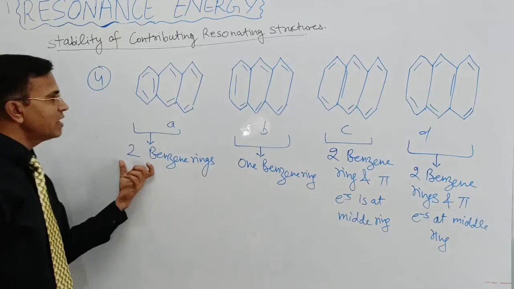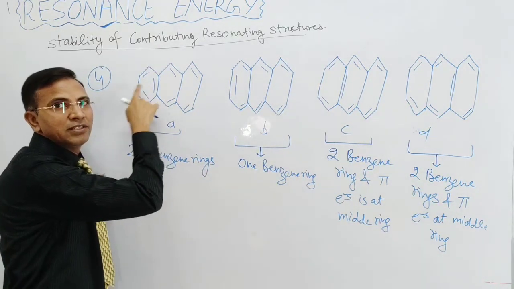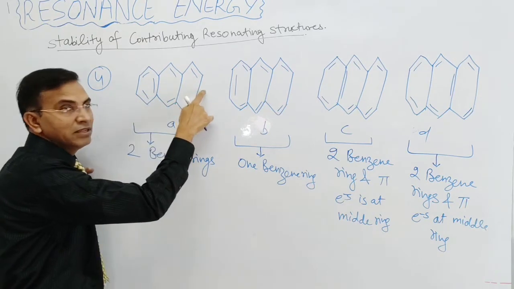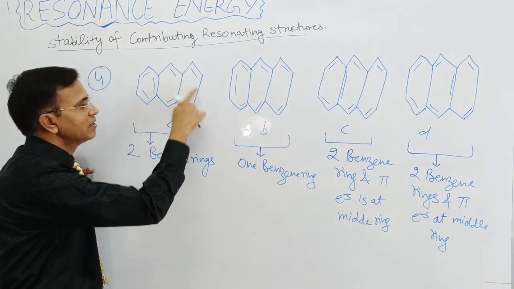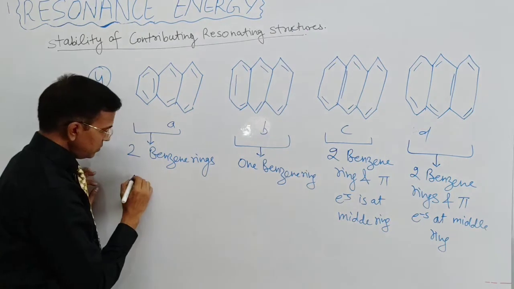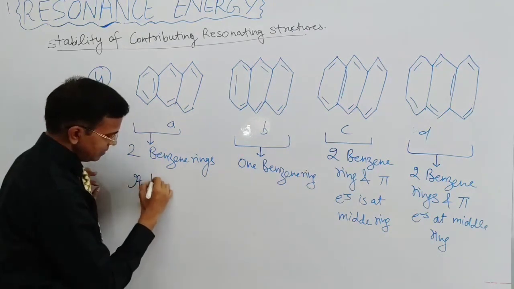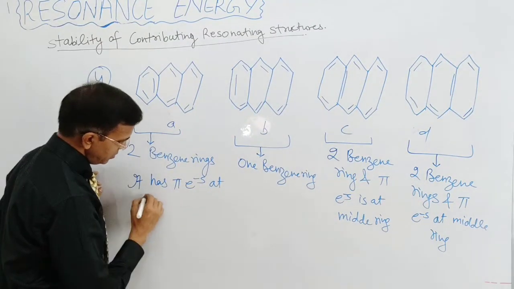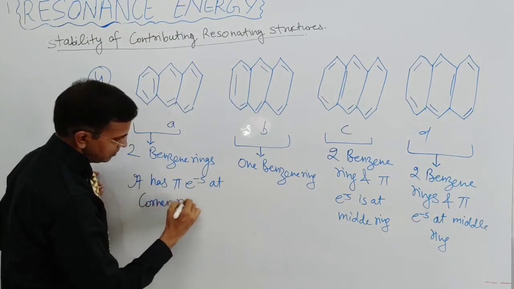And in this first case, the pi electrons are on the corner ring. It may not delocalize with the third ring, right? So it has pi electrons at the corner ring.